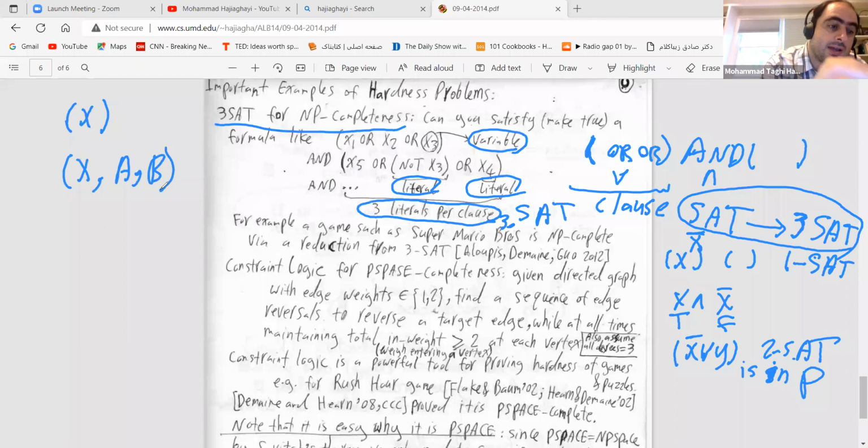In SAT we don't have any way to put a variable at 1, because we don't have any extra things. We can only have these clauses and clauses of literals. That's it. So he wants to put essentially A and B both equal to 1.